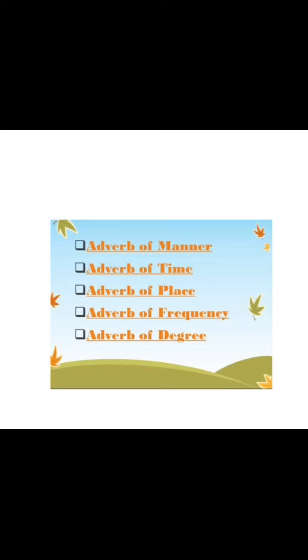So you can make degrees of the word early, like very early, earlier, and earliest. Like the word late is also an adverb of time, so you can make the degrees of the adverb late, like very late, later, latest. So this is adverb of degree.